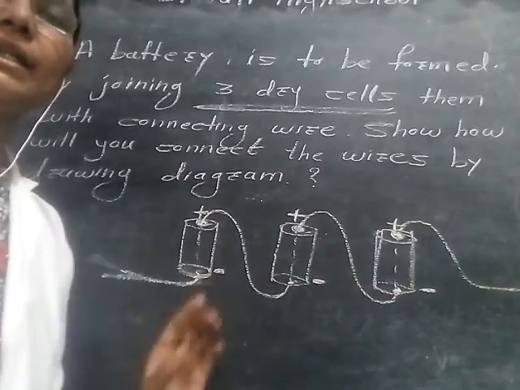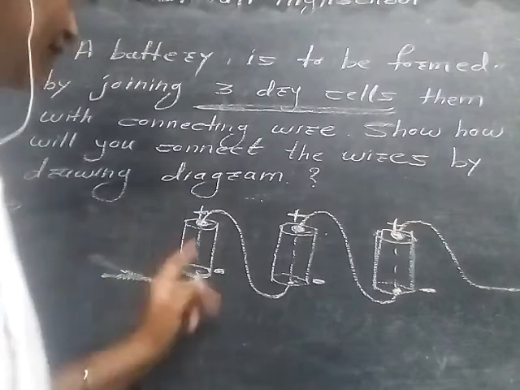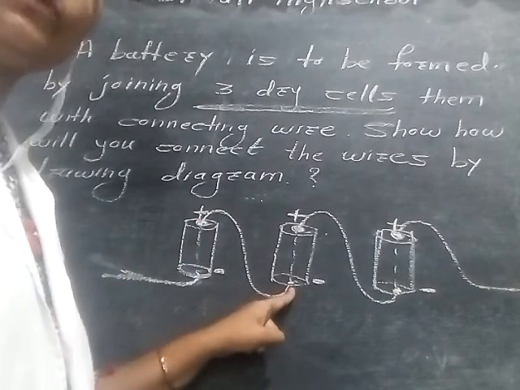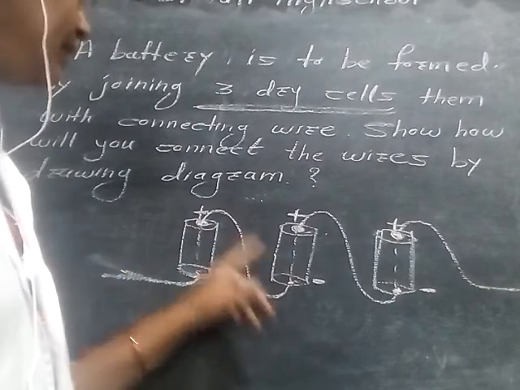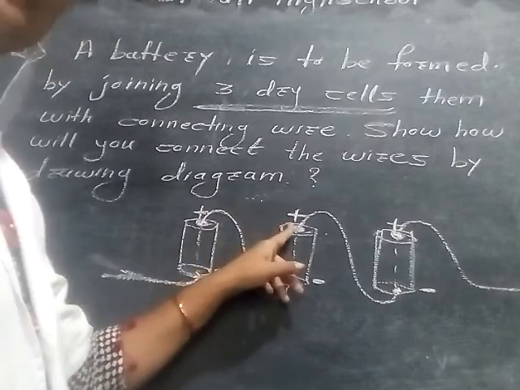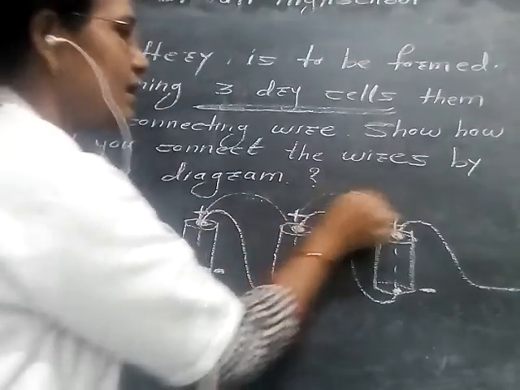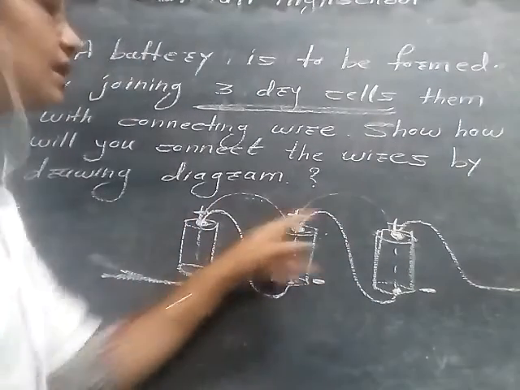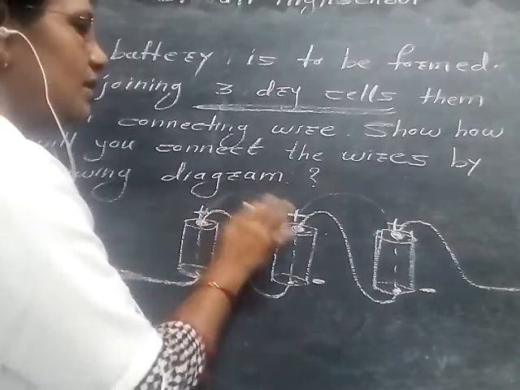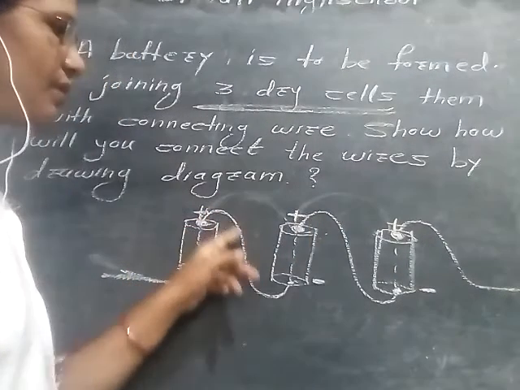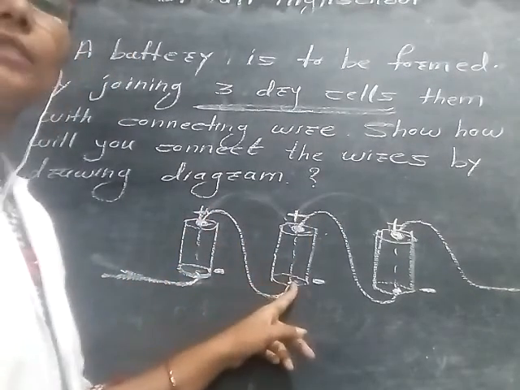Now let us observe the figure. Here the positive terminal is connected to the negative terminal. If we connect positive to positive, then this is wrong. It is necessary to connect the positive terminal to the negative terminal.